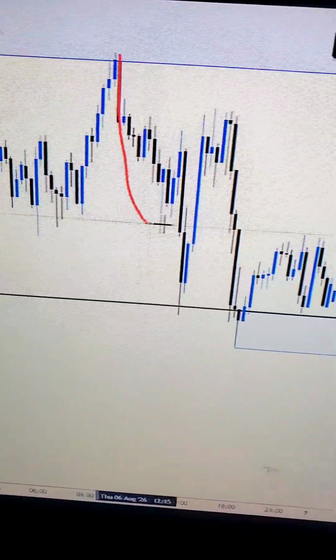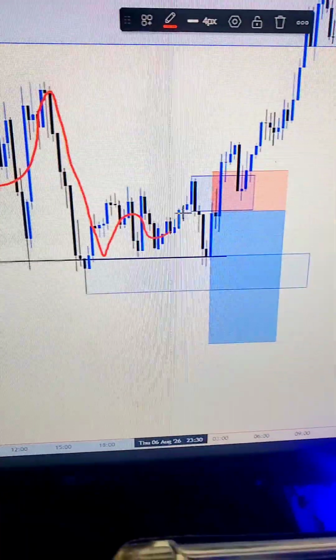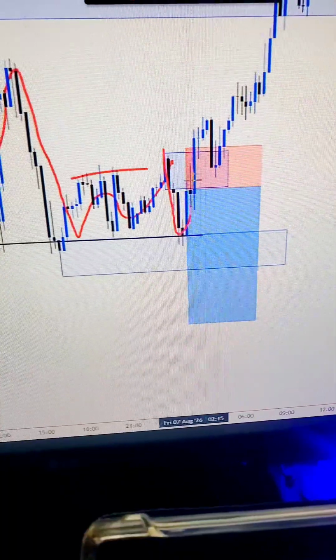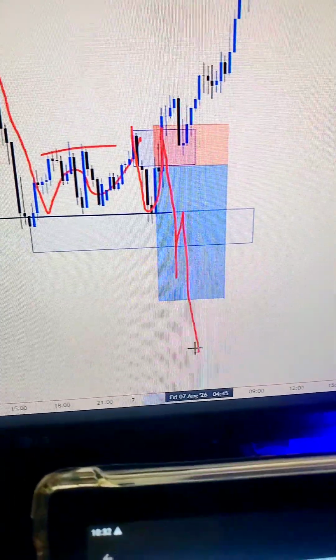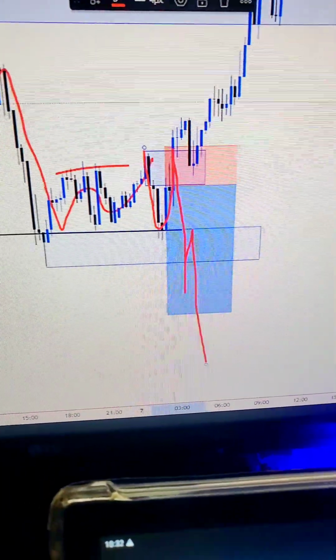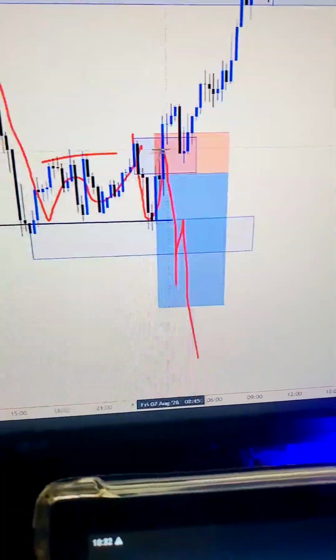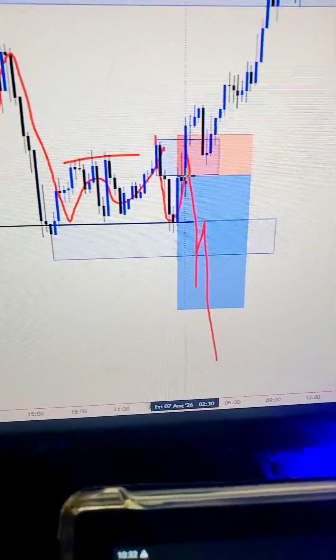Now let me show you one more. So this particular sell, this price action that happened here, was supposed to be a continuation for all this move right here, basically. You feel me? But see what happened? It invalidated it and came back up.